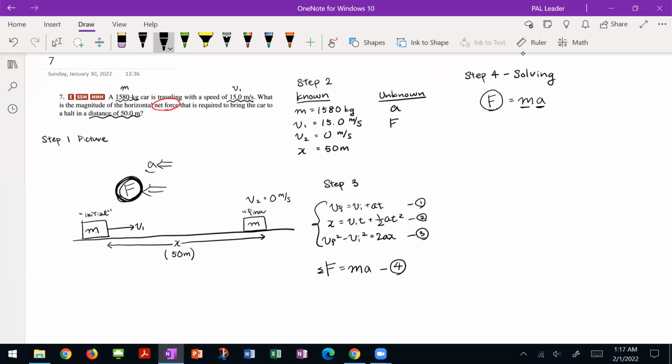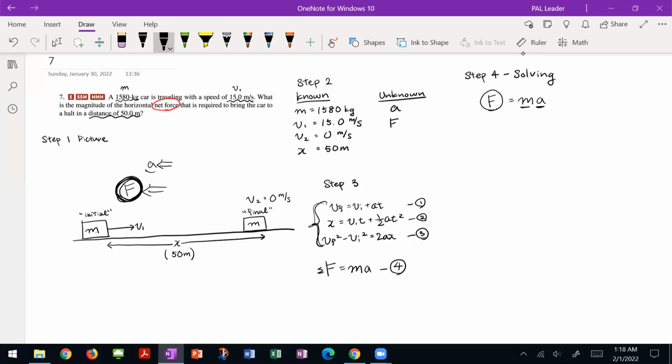That is where our kinematics equations come in. We should be able to find out. We're looking for acceleration. All of them have acceleration.